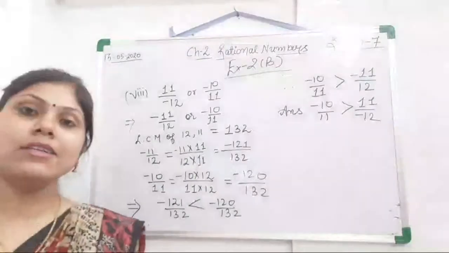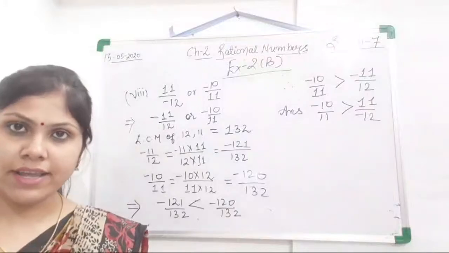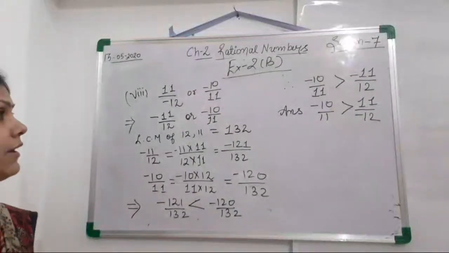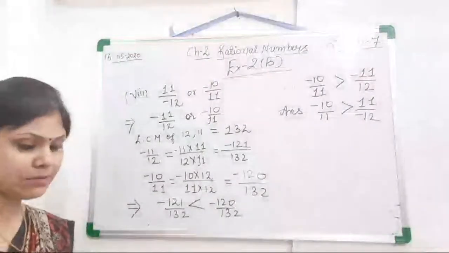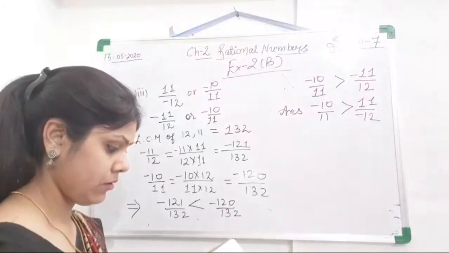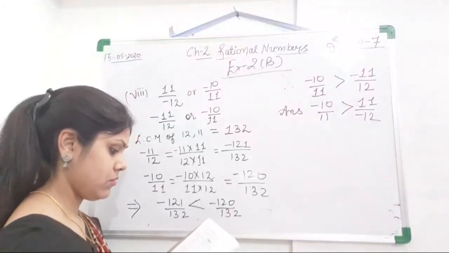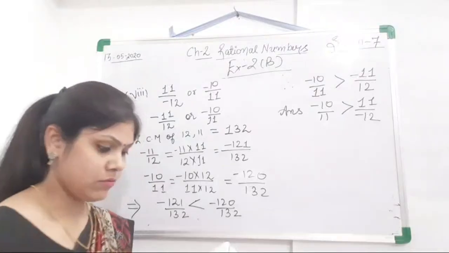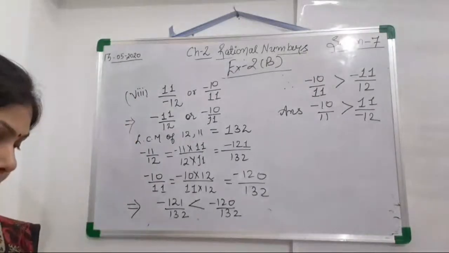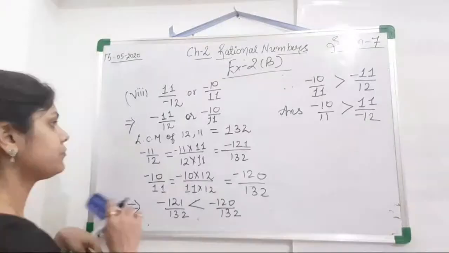Just the difference is of positive and negative numbers, and the rest of the things are the same. Now you can solve the rest of the questions on your own. Let us come to the second question now.